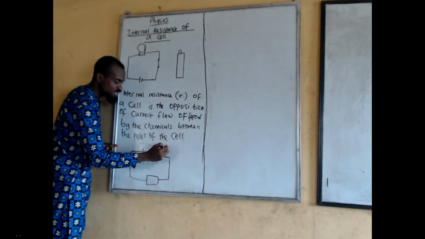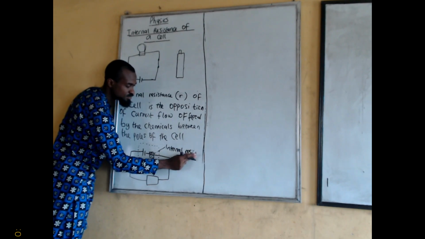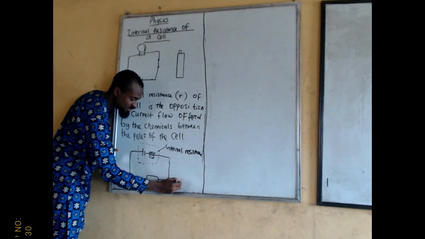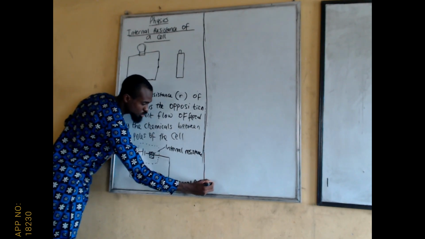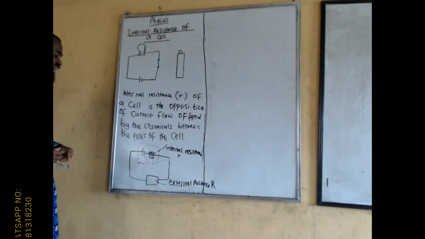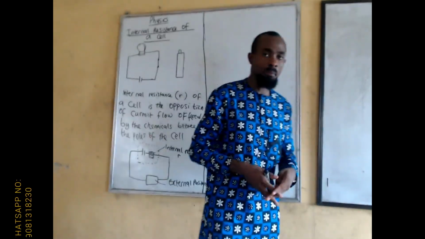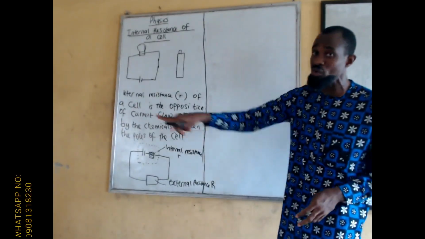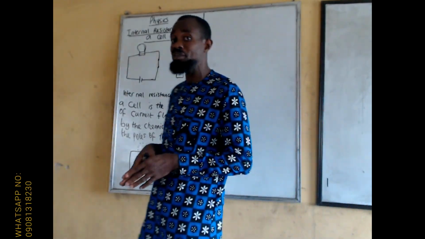This provides internal resistance, denoted with small letter r, while the resistor provides external resistance, the normal resistance, which we denote with big letter R. Internal resistance, the enemy within, provides a resistance coming from inside the cell.